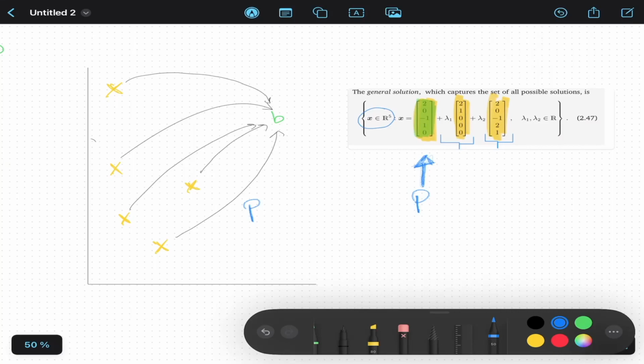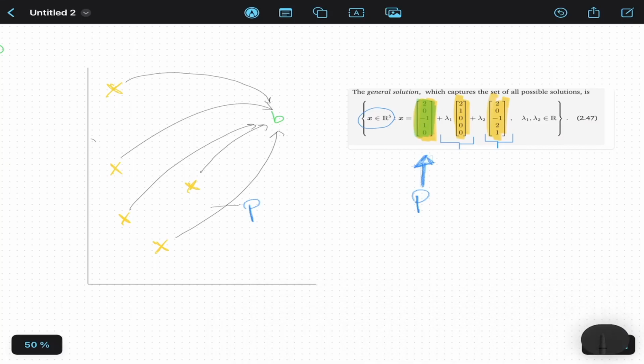We know that lambda 1 and lambda 2 have to be real numbers. We just scale them up and down. So maybe it does not make totally sense from what I've drawn here, but what I want to say is you do basically one addition and then another addition.